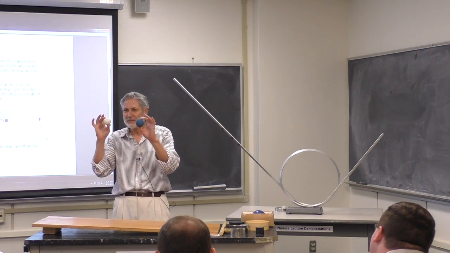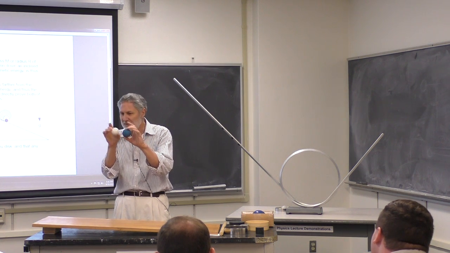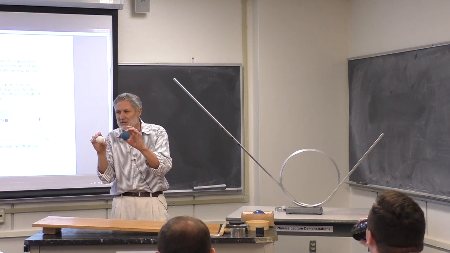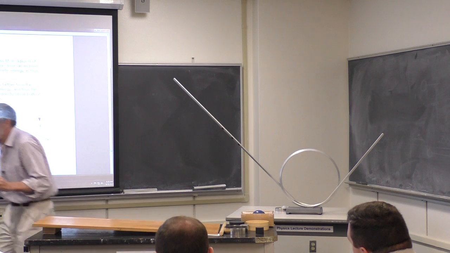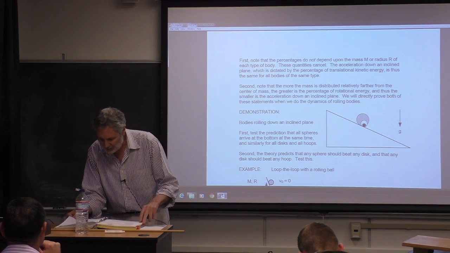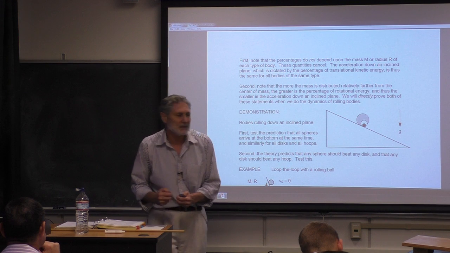This is solid. So, you know the mass, this has mass closer to the center. So, this is going to beat this. And I'm going to add this to the table. The moment of inertia of a spherical shell, it's in the table in the book, and you can get it by integration. You have to integrate. It's 2/3 mr squared. I'll be adding that to the table.